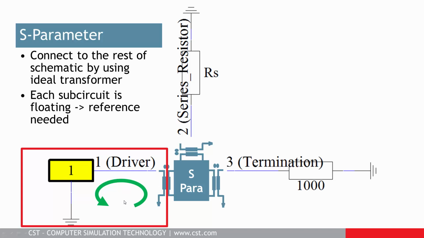And this is the way you have to think of. You have to think that here the ground symbol is just used to close the current loop. Again, it does not have to do anything with the 3D structure. It is used to close the current loop.